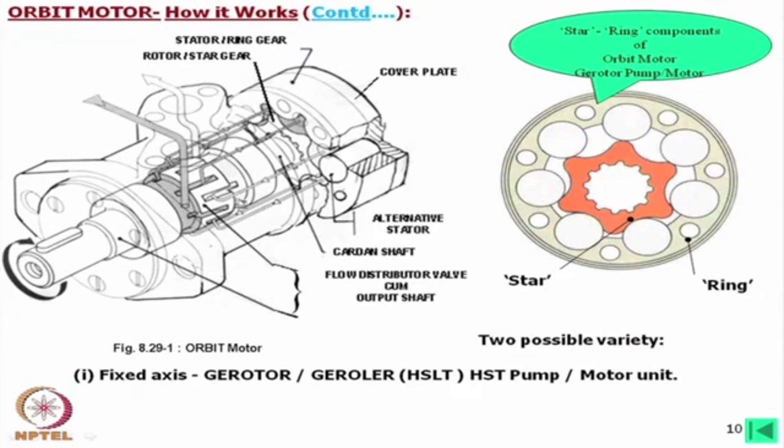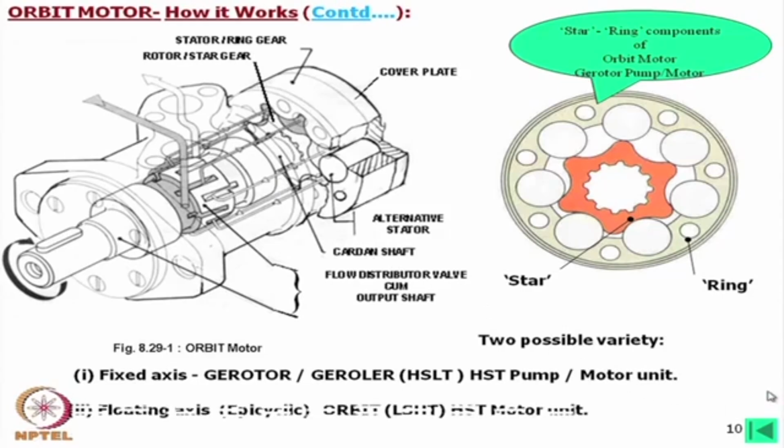So, usually this epicyclic motion version is always used as a motor. It can be used for pumping action, but in different applications. For example, when this unit is used as an orbital steering unit, then its pumping action is also used there, but that is a different issue. In the normal case, it is always a motor.